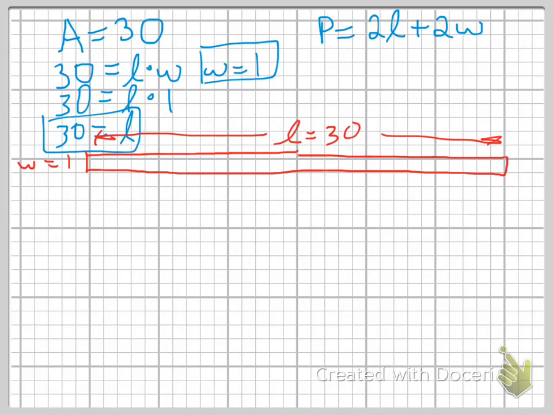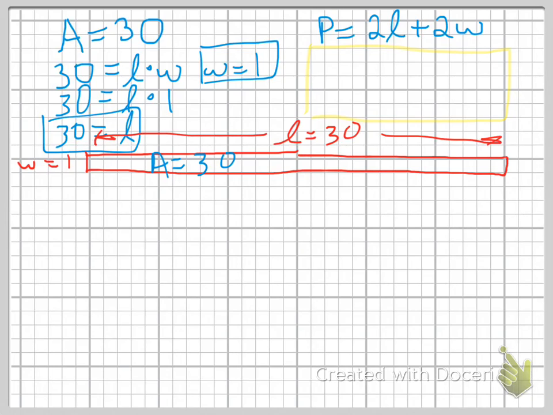So we already know the area is 30. So I'll go back to my blue color. I'm going to say the area equals 30. But what does the perimeter equal? I'm going to do that up in this area here, where the yellow box is. So the perimeter, some of you already know the answer.